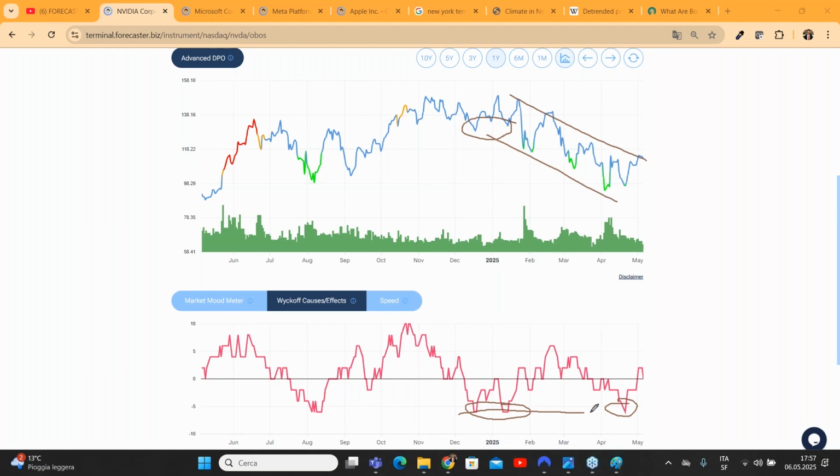We have such a plateau in the number of sellers, and it means in this case that we are on an important low at this moment.